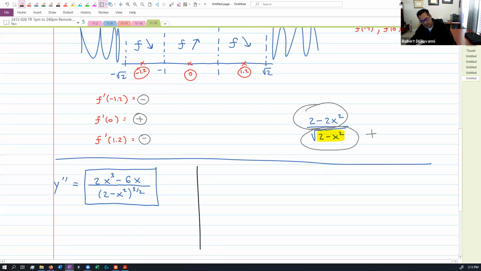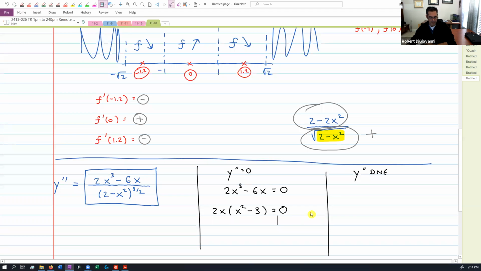I need to know when my second derivative is 0. I need to know when my second derivative doesn't exist. Setting it equal to 0, just set the top to 0. Luckily for us, we can factor out a 2x, which leaves us with x squared minus 3 equals 0, right?